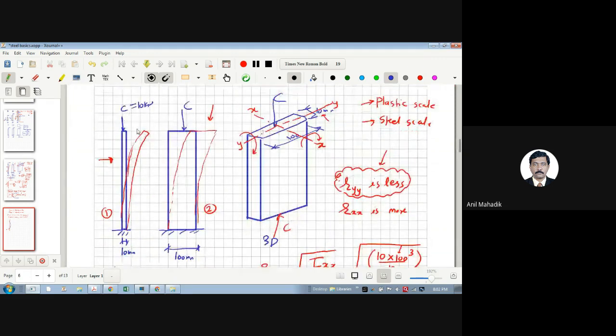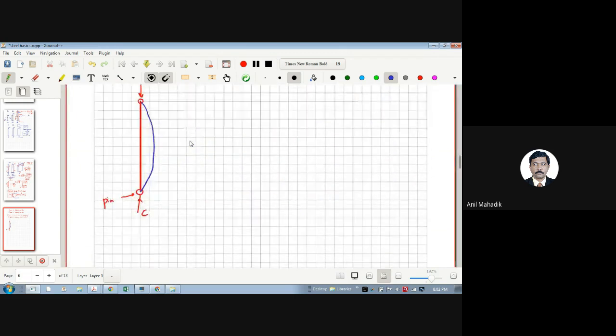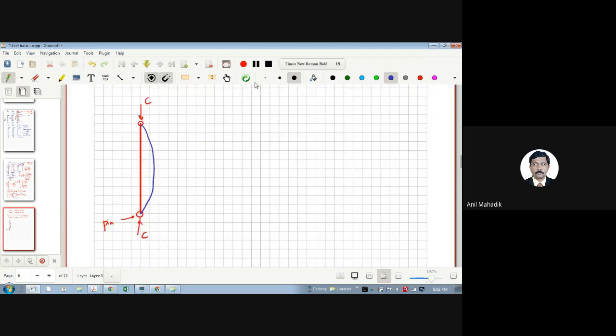Previously it was buckling like a cantilever because there was no support here. But whenever there is a support like a hinge support here, both are pinned, and there is axial force in the member, so it will buckle like this. If this is a pin connection, that means zero moment is here, zero moment is here.